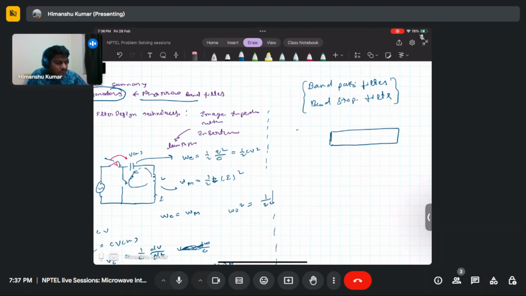Now if you connect this with the series or shunt line, you can have different kinds of filter.